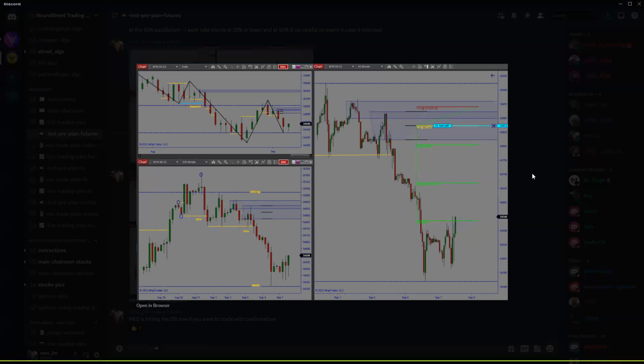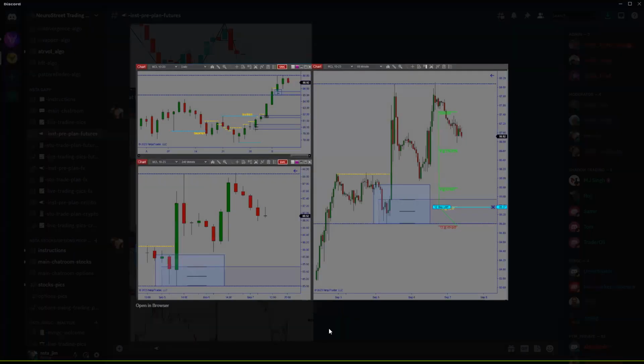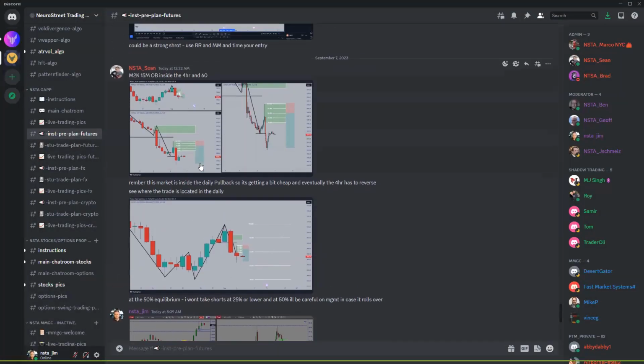This is on YM, hasn't hit yet. They're still down here at the lows right now. Let's go to this one. MCL, looking to get long. Never came down there. Still cruising there. A lot of these are still pending. You can see Sean posting his trades as well.